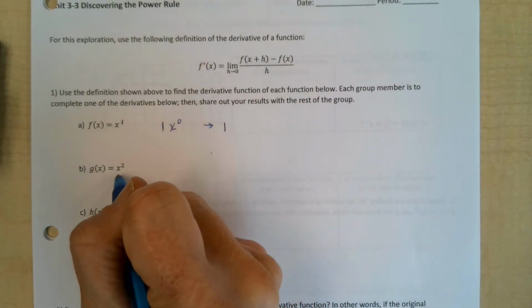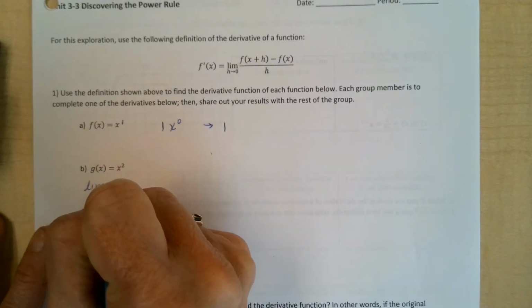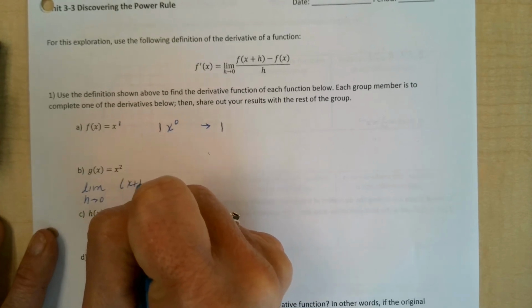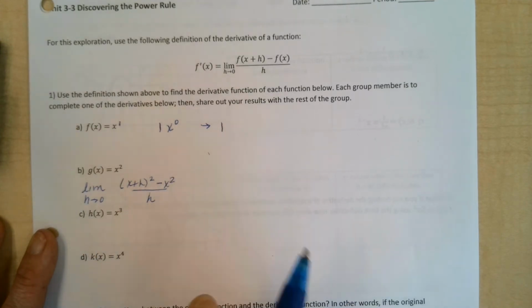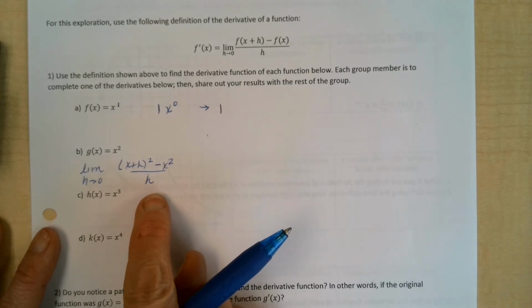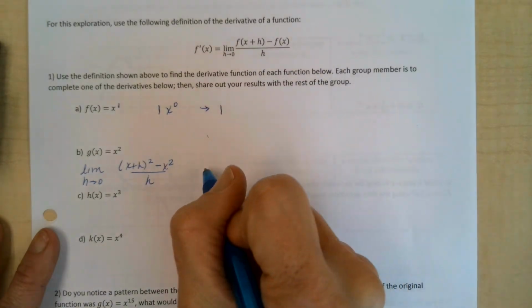So finding the derivative of x squared, instead of taking the limit as h approaches 0 of x plus h squared minus x squared all over h, doing all of this and recognizing that you're going to get your highest level terms that are always going to be a zero pair and cancel out. You're always going to be able to factor out an h. And then what you're going to be left with is an expression to 1 less degree.